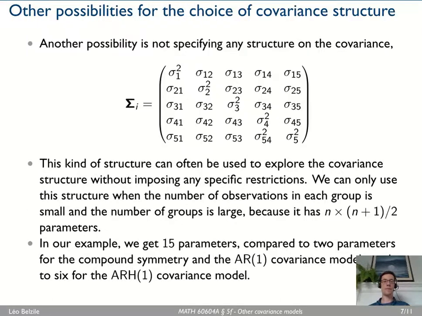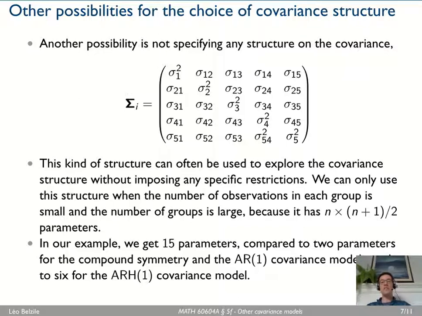I could also compare the ARH1 to the AR1 with a test. We'll do this in a few moments. There's also another choice for the covariance. Here I have a 5 by 5 matrix, so I could say I'm just not going to specify any model and estimate each of the parameters as free parameters.